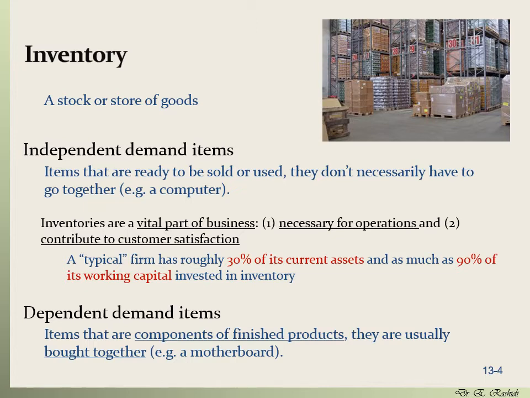Dependent items, on the other hand, may actually need to go together, for example, components of finished products that are usually bought together: a motherboard, a mouse, a keyboard, a monitor, a computer tower. So these are dependent items, and most of the time, customers buy these together.